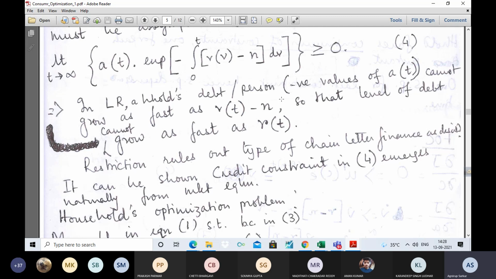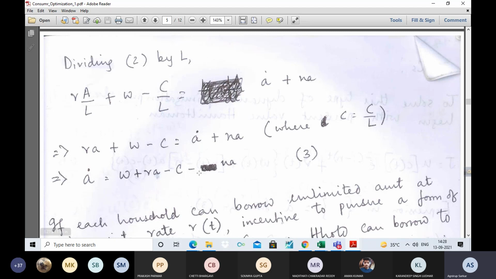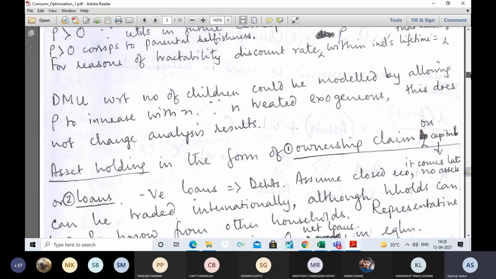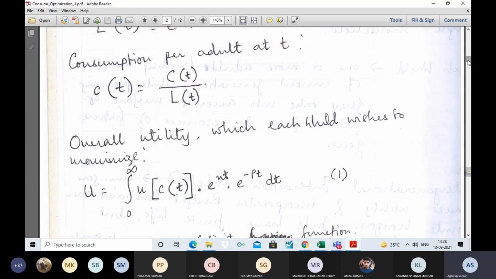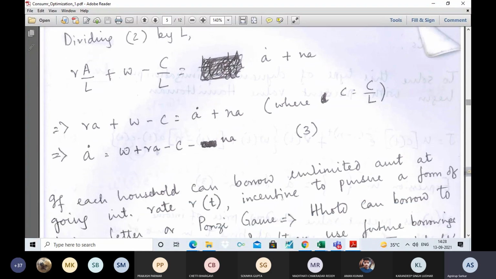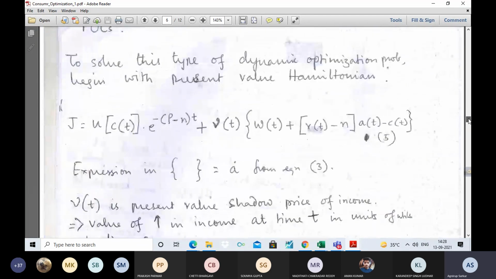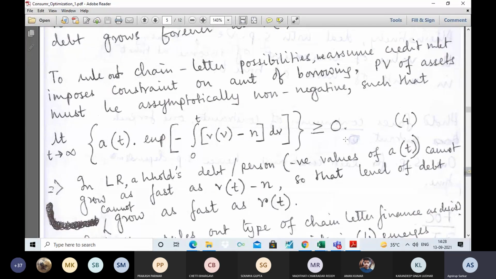Okay, so the household's optimization problem, once again to recapitulate, is to maximize the utility function in equation 1 subject to two constraints: our main budget constraint, which is the budget constraint in per capita terms, equation 3, and we also have to keep in mind that condition 4 would also hold true.